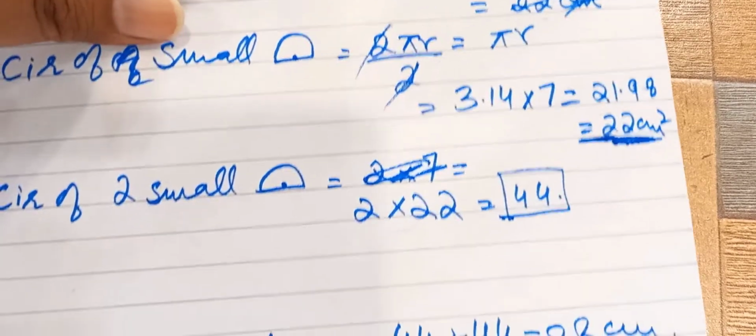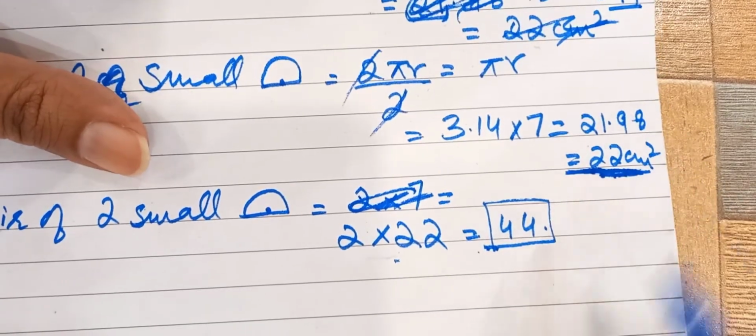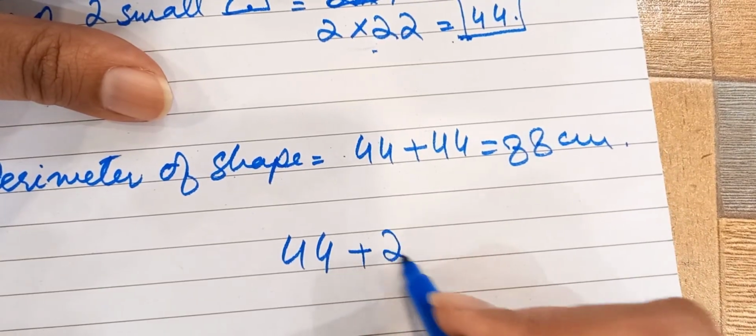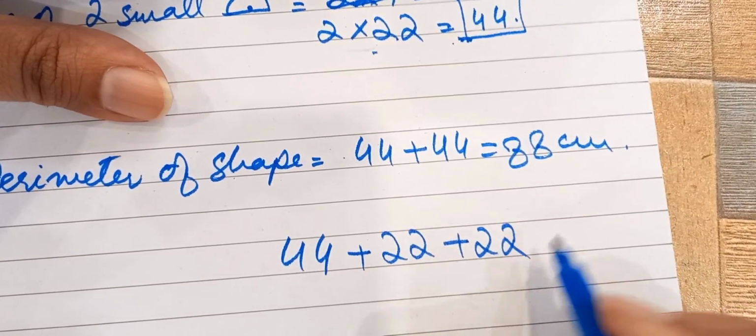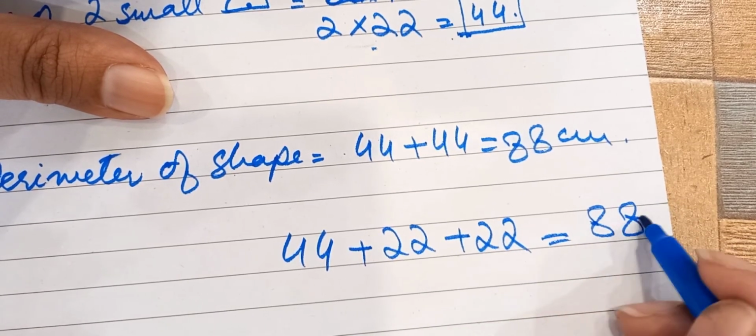We can also do it if you don't want to multiply by 2: you write down 44 plus 22 plus 22, which will also give the answer 88 centimeters.